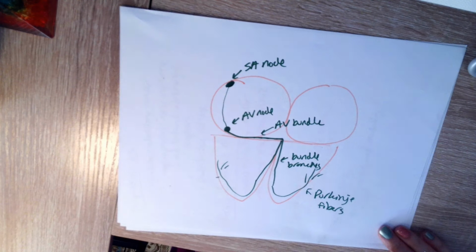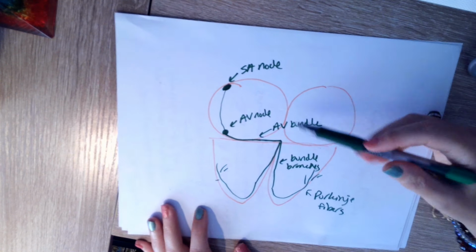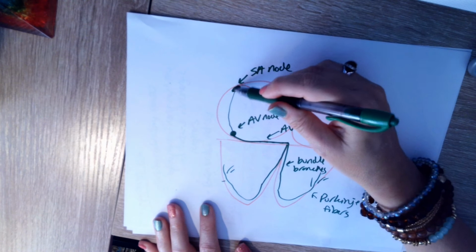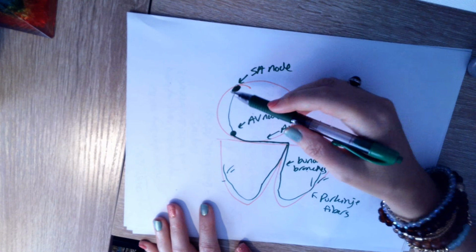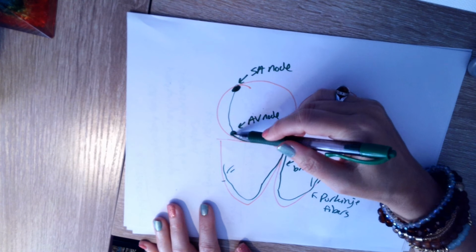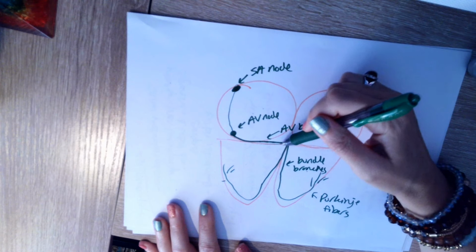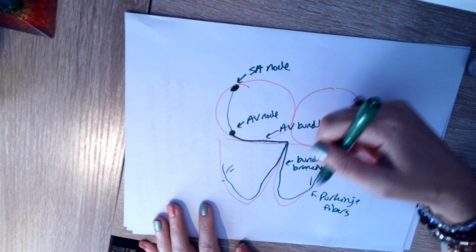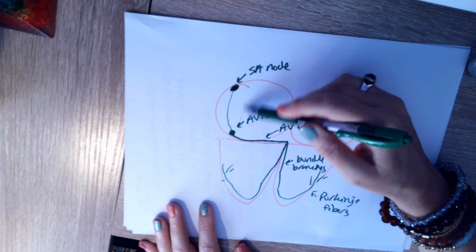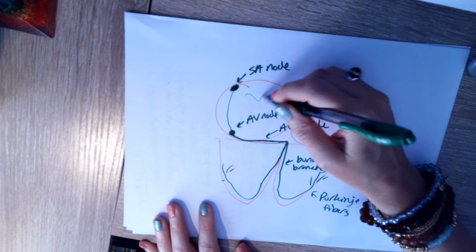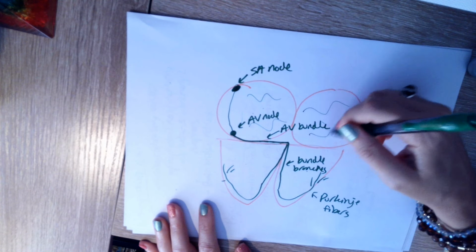Okay. And now here's just an illustration of what we just talked about with the SA node up here. So the two atria, the two ventricles. Here's the SA node, the AV node, the AV bundle, the bundle branches, and then the Purkinje fibers. So as the SA node sends the action potential into the AV node, it sends that action potential throughout the atria.